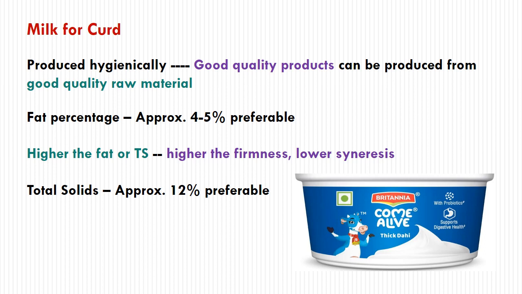Nowadays the curd which we get in special plastic cups or in flexible plastic packages is quite thick. This thickness is due to added milk powder or higher total solids. Total solids should be a minimum of 12%, but if we want a thickened texture, another 3% milk powder should be added.